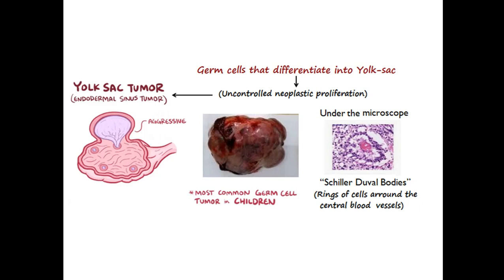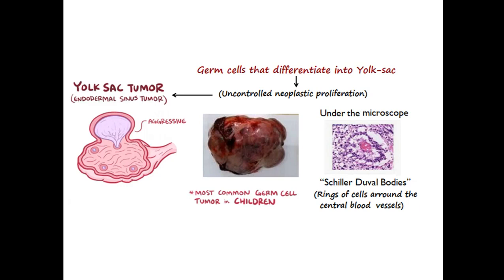But if the germ cells, the precursor cells that are supposed to develop into the yolk sac, start uncontrolled neoplastic proliferation, they will give rise to the yolk sac tumors or endodermal sinus tumors.